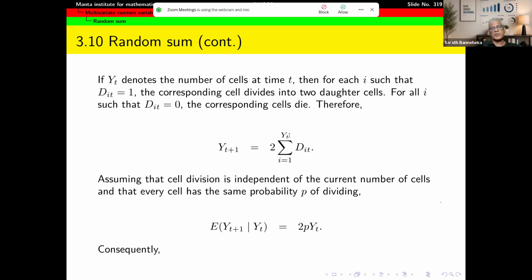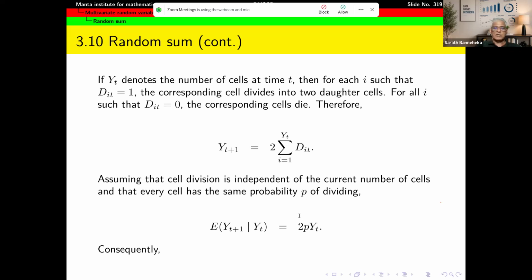Expected value will be equal to 2 times Y_t times the expected value of D_it, where the expected value of D_it will be equal to p, because each D_it is Bernoulli with probability of success p. Therefore, the expected value of Y_{t+1} given Y_t will be equal to 2 times Y_t times p.